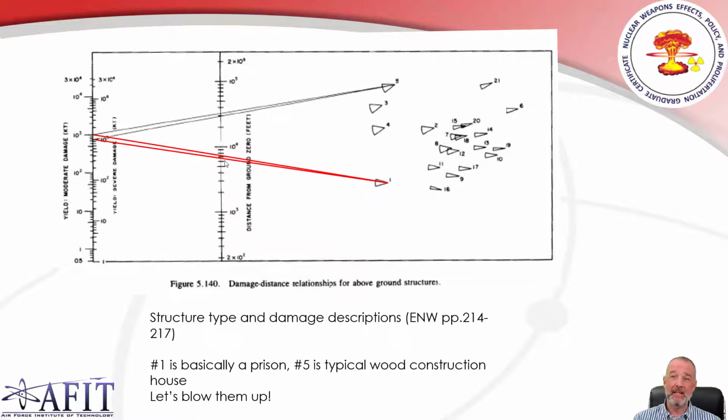So that's just shy of 7,000 feet, when even that nuclear bunker constructed thing fails catastrophically. But it's an order of magnitude closer to a 1 megaton detonation than our wood frame constructed dwelling or house.